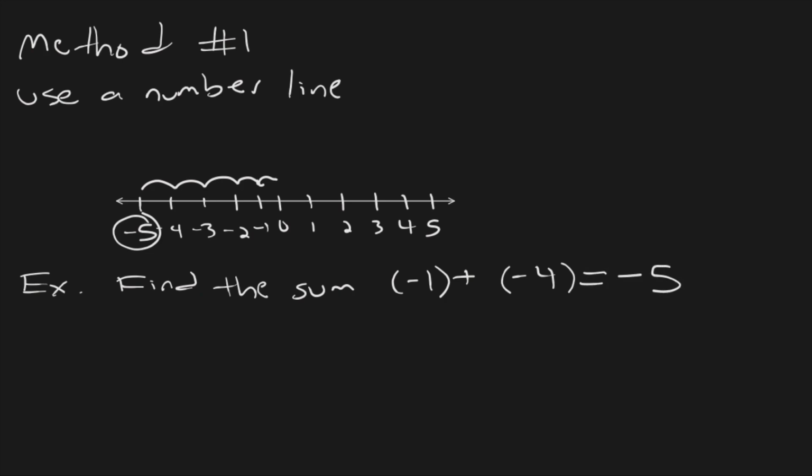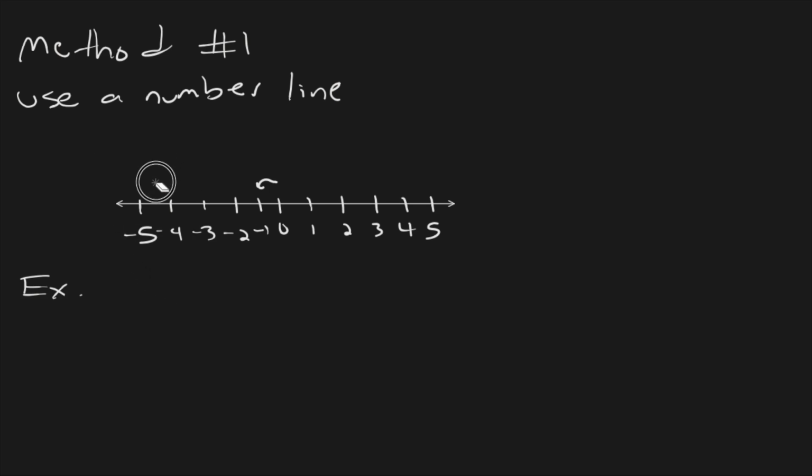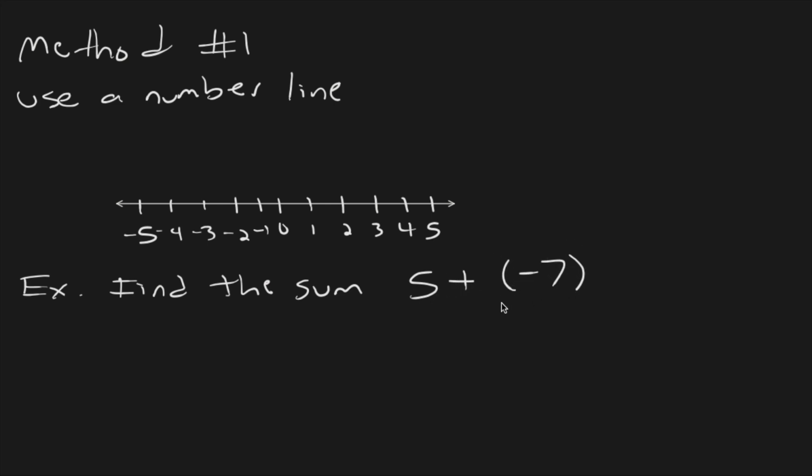Let's go for another example. Find the sum 5 plus negative 7. So move 5 units to the right, then move 7 units to the left. So we'll start at 0, move 5 units to the right, 1, 2, 3, 4, 5. We end up at 5.